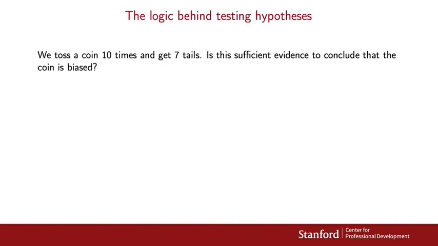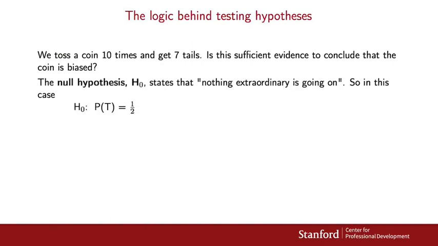First, let's look at some terminology. The null hypothesis, which is sometimes written as H sub 0, says that nothing extraordinary is going on. So that's a very generic description, and we will look at some cases to see what that means. In the case of coin tossing, nothing extraordinary simply means that the coin is fair.